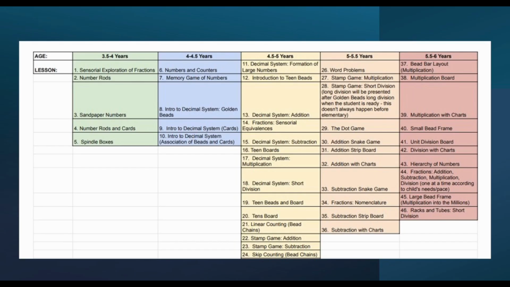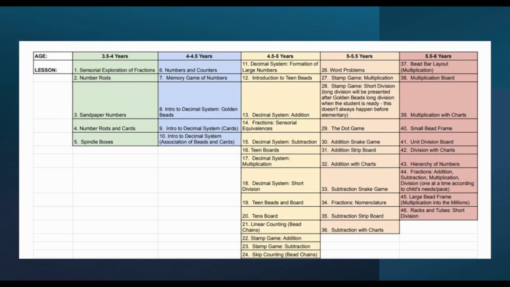For those of you who are looking for some structure and really want to know how we present AMI Montessori math in the primary environment, and what order everything goes in, I have created a chart, and it's going to be available for you to download. This is not going to be an absolute perfect order because some of you are going to be in different places, and some of you will need to switch up some things. So I'm just giving you this order as a guideline. Everything can change depending on your situation and context.